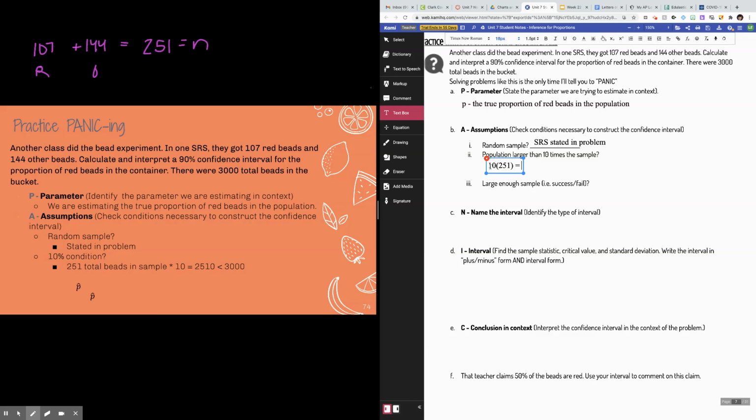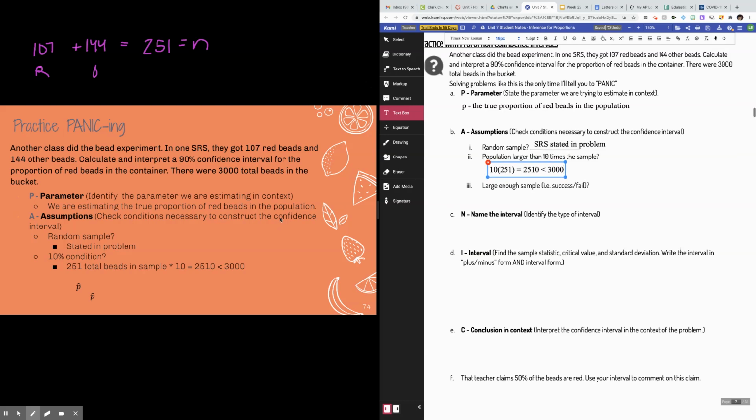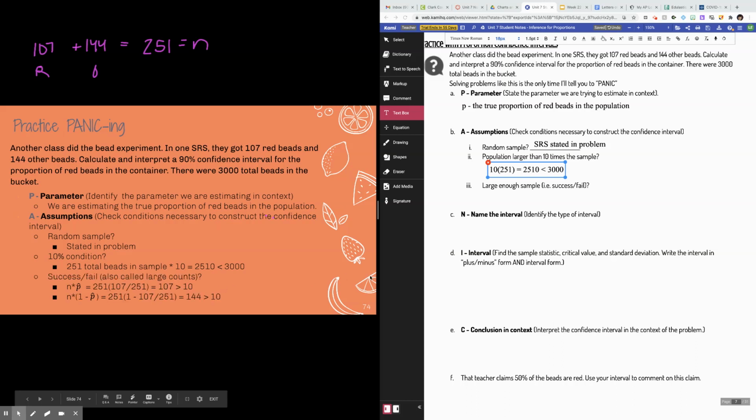That is 2,510. And that is less than the total in the population, which is 3,000. So we're good there. Okay. All right, then last condition is the success fail condition. So we're checking number of successes in the sample, number of failures in the sample.